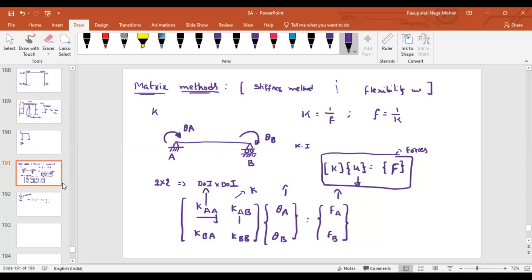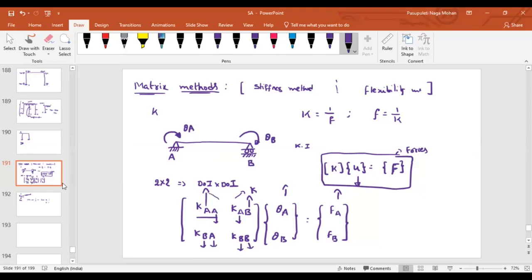You are finding the force at A by applying unit displacement at B. What about here? You are finding the force at B by applying unit displacement at A. What about here? You are finding the force at B by applying unit displacement at B.